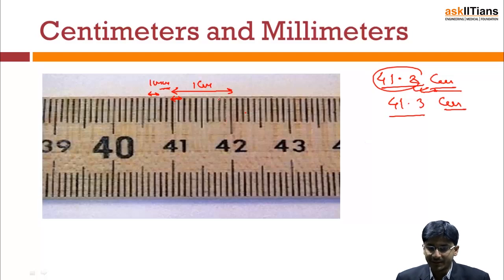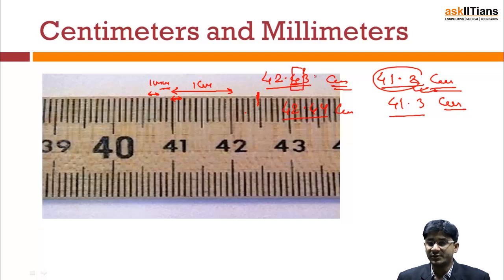But what if your measurement falls in between? What will this value be? If 2 persons are using the ruler, one person will write 42.43 and someone else will write 42.44 centimeter. Now we know 42.4 is certain, up to this value we are certain.